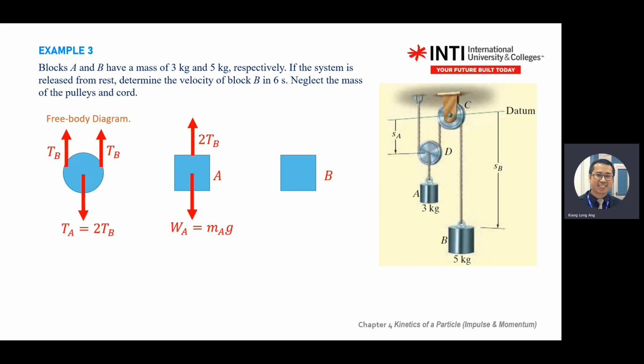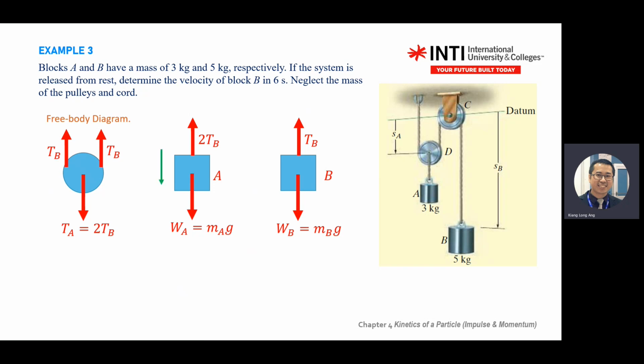But for B, because the other side of the cord is linked to B, here I only have 1TB. On A is 2TB, on B there is only a single TB. Okay, makes sense to you?